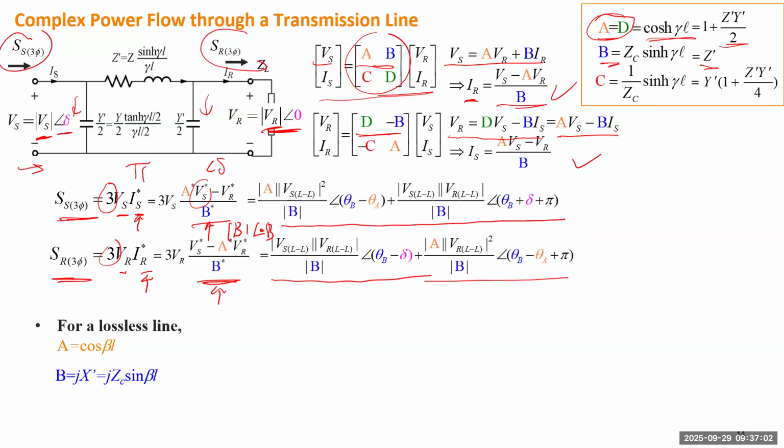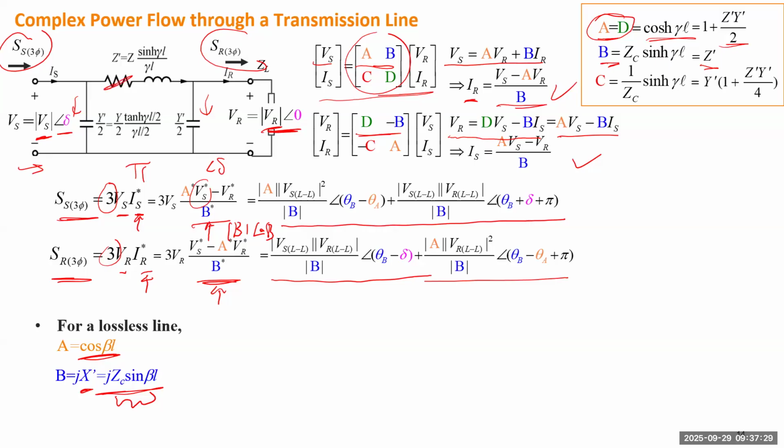So for a lossless line, A will be simply cos βL. B will be j times the surge impedance times sin βL. I mentioned this one represents the equivalent reactance of the line, so we just call it X'. X is actually the total reactance of the line.